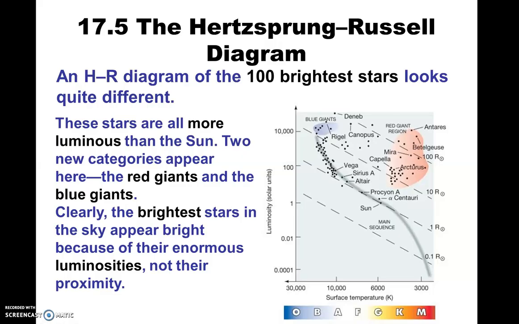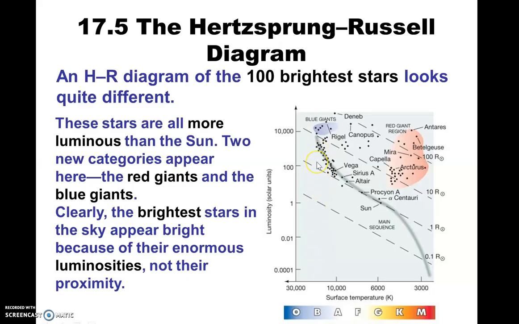Since they both have the same temperature, this is actually a general lesson about the HR diagram. If you just draw a vertical line and you find a star way down here and a star way up here, because they have exactly the same temperature, the only difference that could explain the difference in luminosity, the amount of power that's coming off of those two stars, would be size.